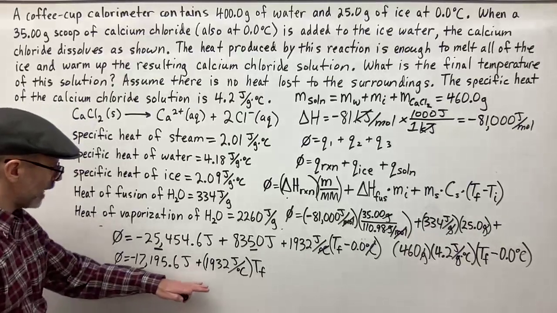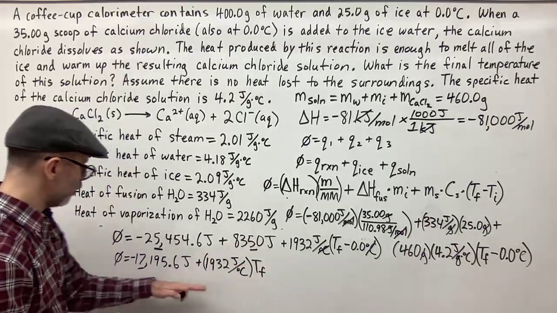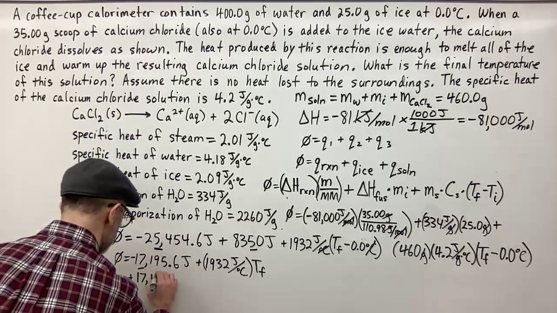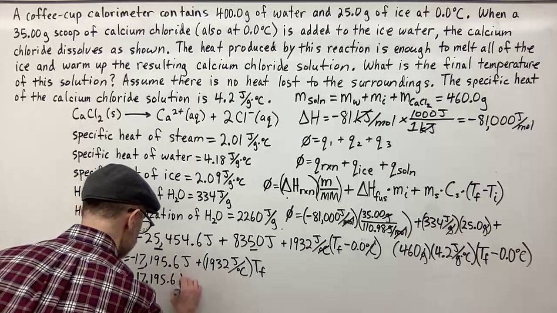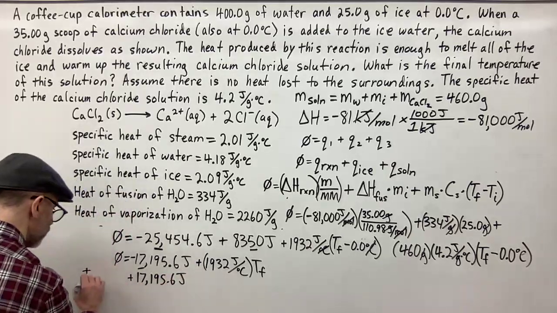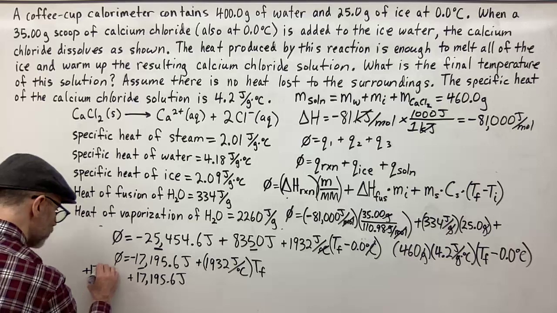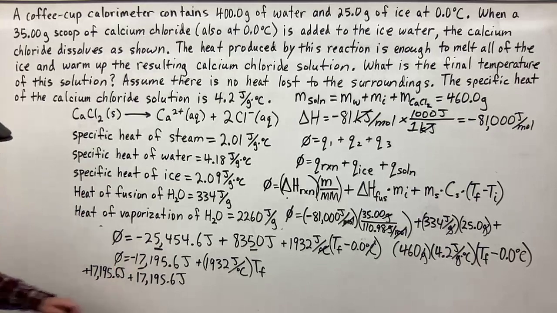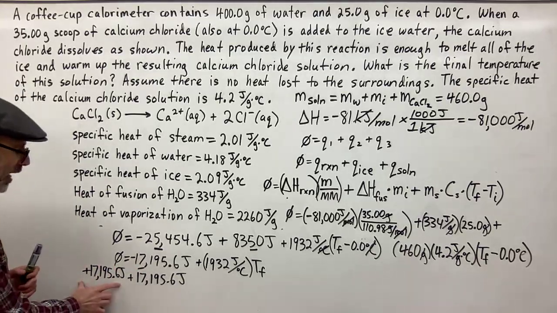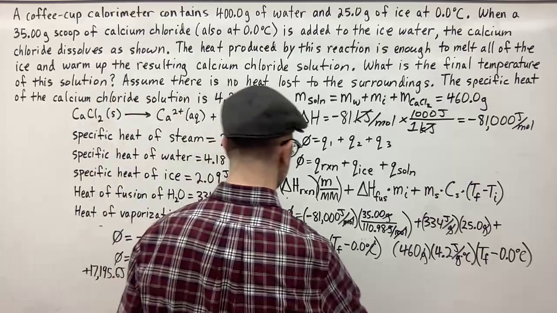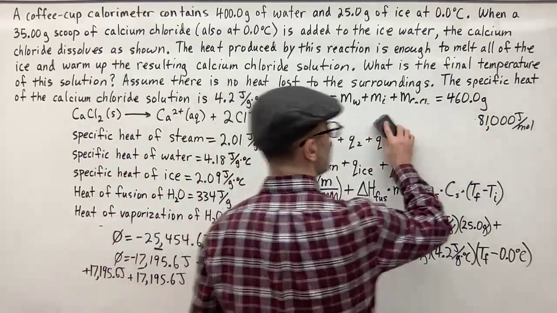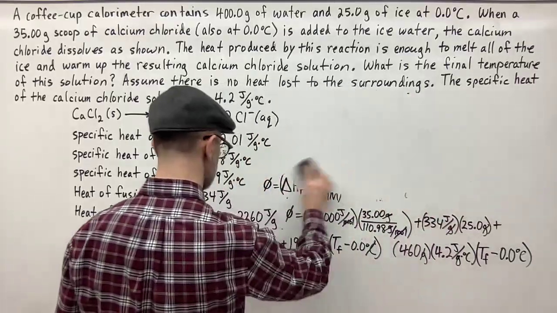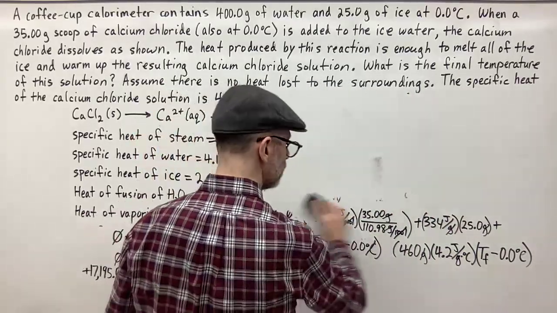So now all I have to do is get TF by itself. So I'm going to move this over. So I'm going to add 17,195.6 joules to both sides, plus 17,195.6 joules. So now I have this on this side equal to this. So let me go ahead and erase this. I don't need this anymore. So I've got everything I need.